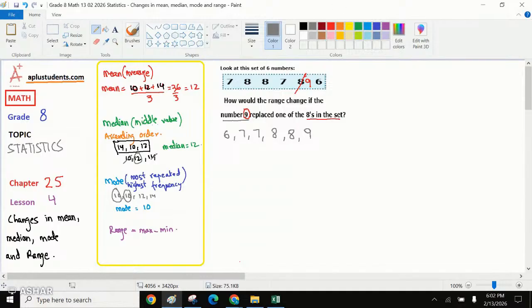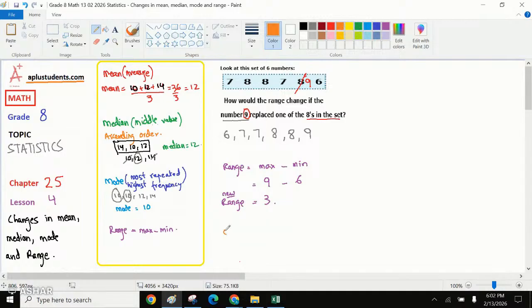So we know that in order to find the range, the maximum minus the minimum. The maximum in this case was 9 minus the minimum 6, and the new range for this question comes out to be 3.